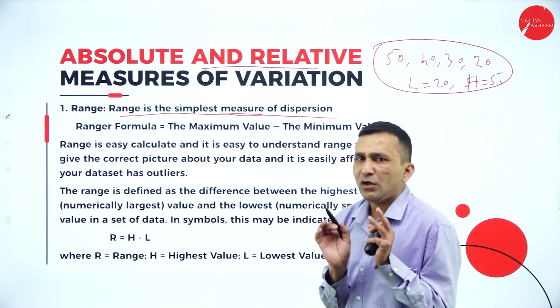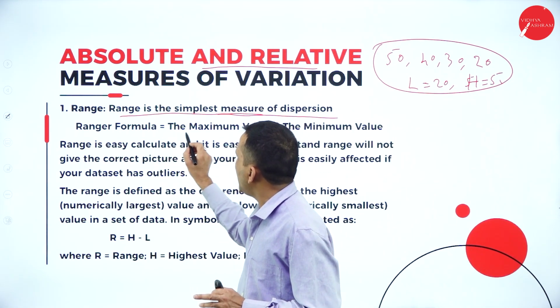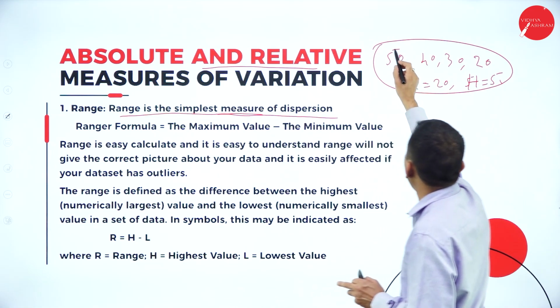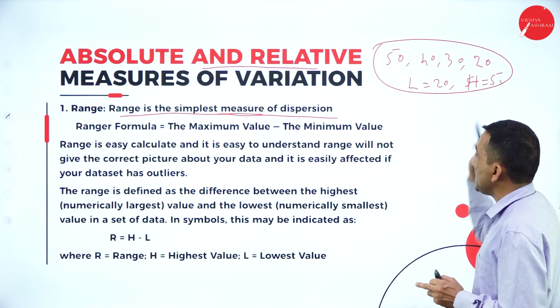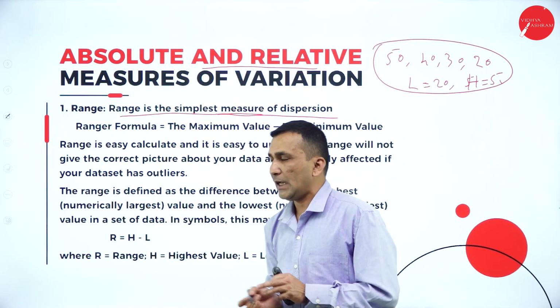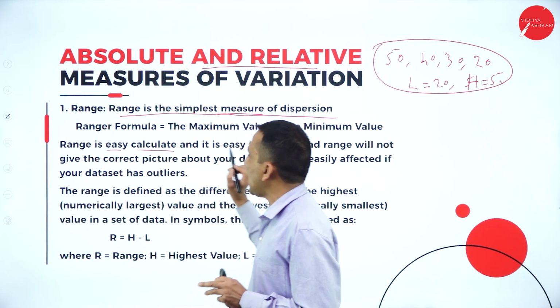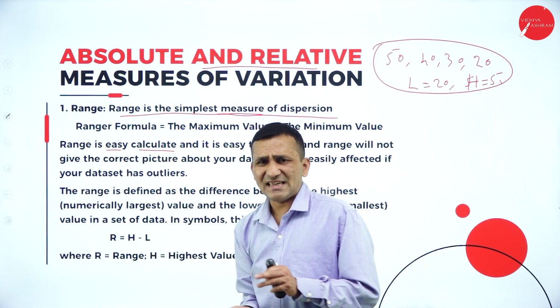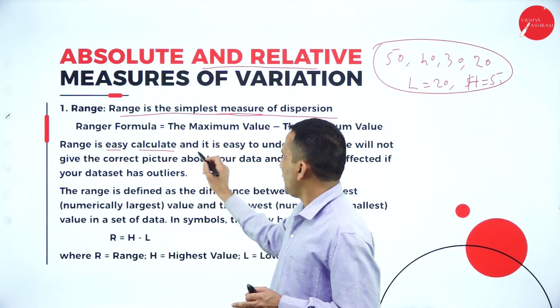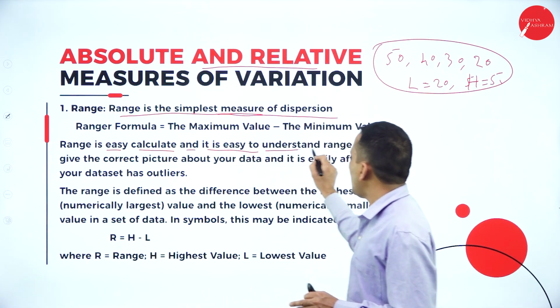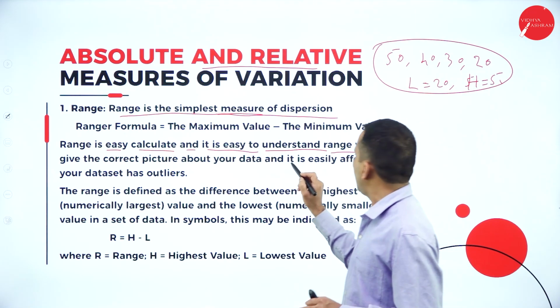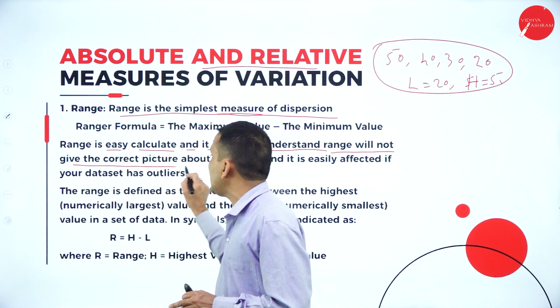So the range formula is very simple: the maximum value from the data set is 50 and the minimum value is 20. It is a simple formula to calculate. The range is easy to calculate and easy to understand. Of course, there are too many drawbacks. We are not able to exactly focus, and range will not give the correct picture.